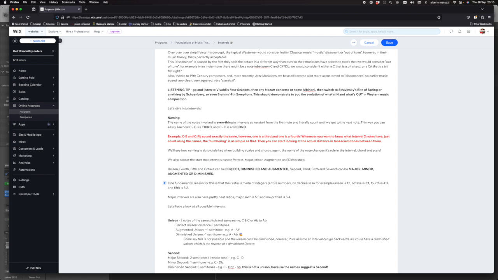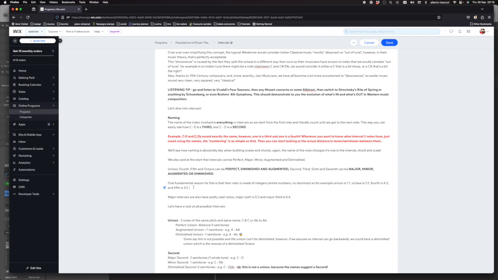There are many reasons. One is consonance: the ratio is made of integers, so there are no decimals. But major intervals are also pretty neat. A major sixth is 5 to 3, a major third is 5 to 4, an octave is 2 to 1, a fourth is 4 to 3, and a fifth is 3 to 2.